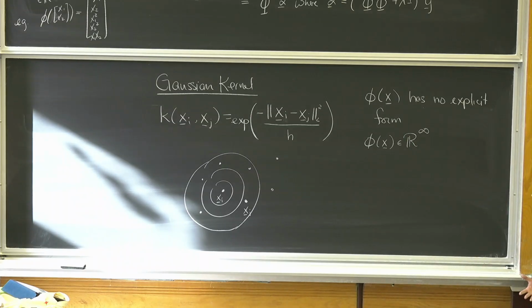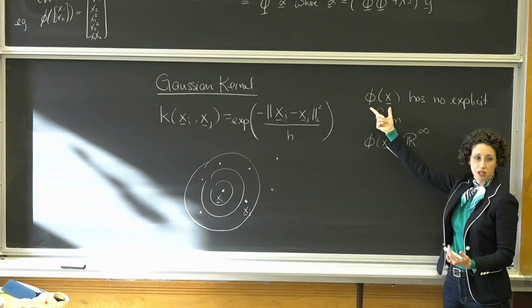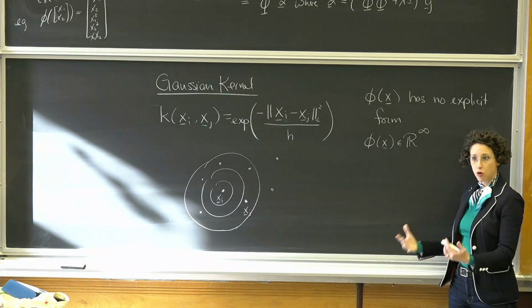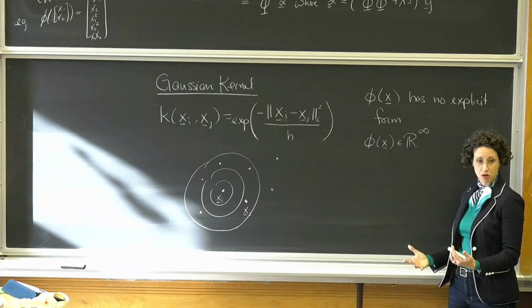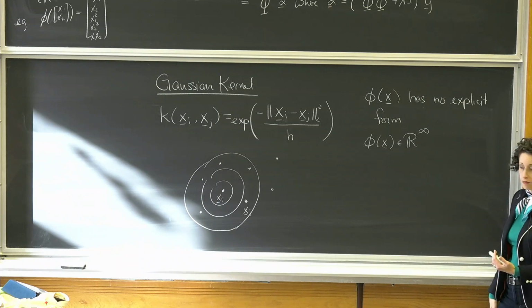But there's no way that we can actually just write down what that looks like explicitly, the way we did with polynomials. So this is a setting where it's totally impossible to do ridge regression or prediction using this explicit phi mapping. We are forced to use the kernel in order to get any kind of prediction using the Gaussian kernel.